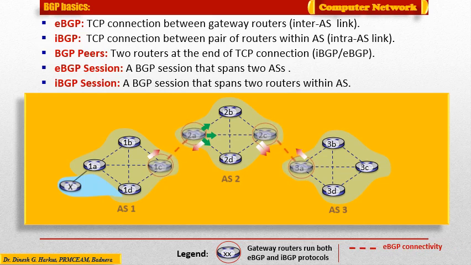Thus, there is a TCP connection between gateway routers 3A and 2C, and another connection between 2A and 1C, as indicated by these red dashed lines.